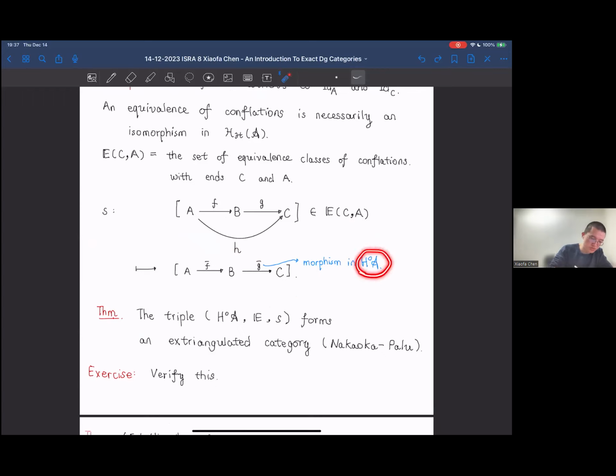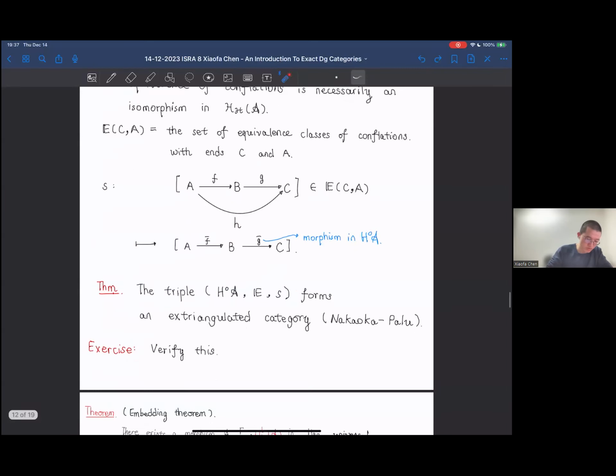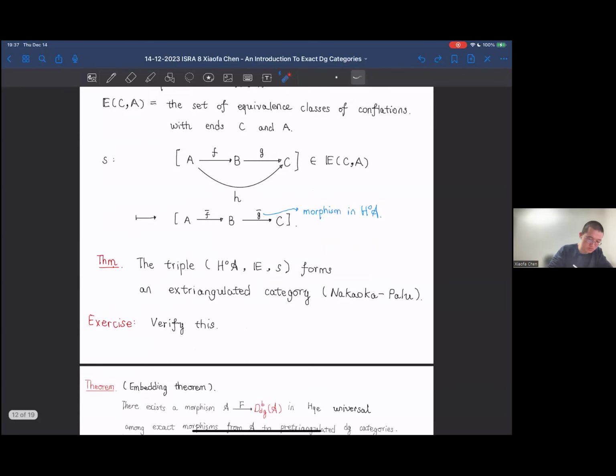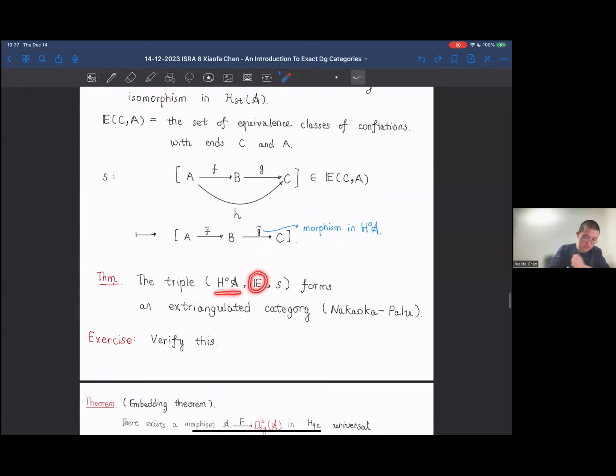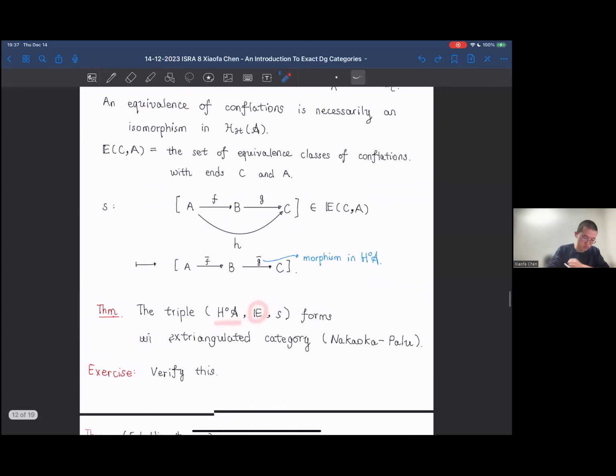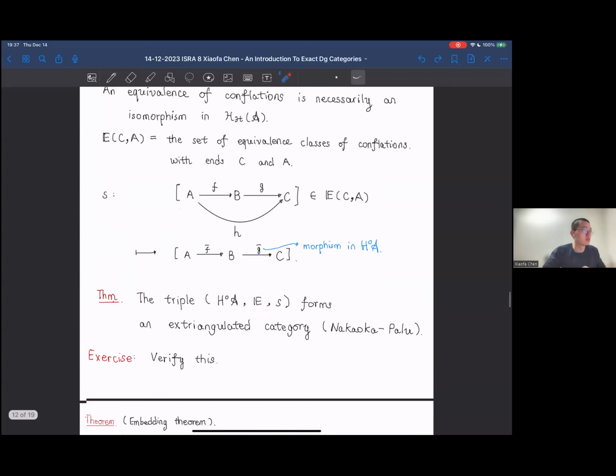So here, objects are sent to identity, and the morphisms are sent to their homotopy classes. And because the composition of these two is 0, we can verify directly that this triple, H0 of A, the bimodule E and the corresponding s, forms an extriangulated category in the sense of Nakaoka and Palu.